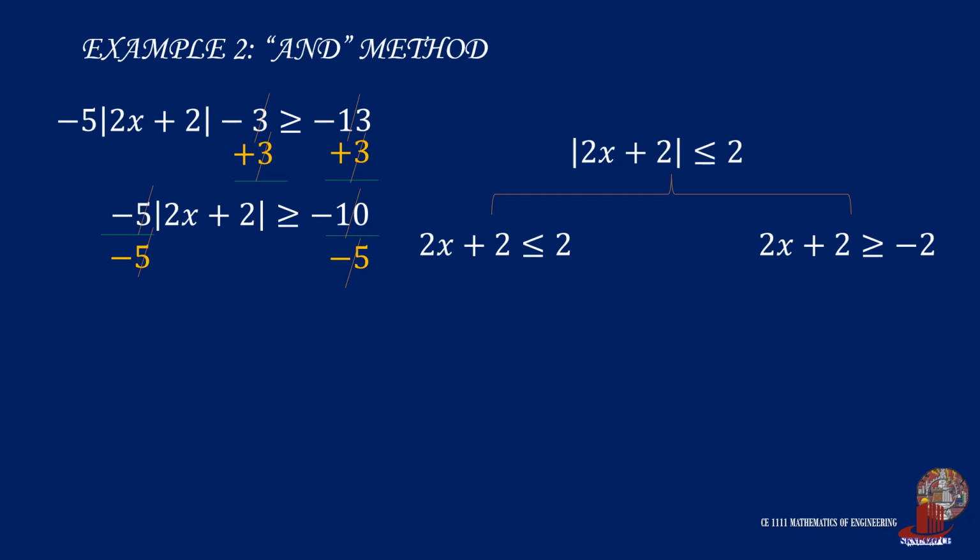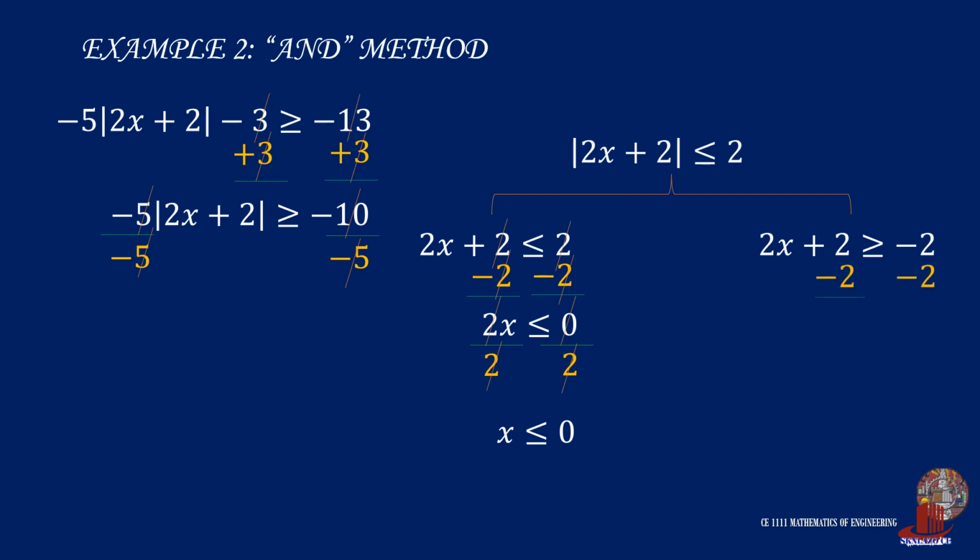Working on the original inequality, take away 2 from both sides to have 2x is less than or equal to 0. And dividing both sides by 2 to isolate x gives x is less than or equal to 0. This is our first value.